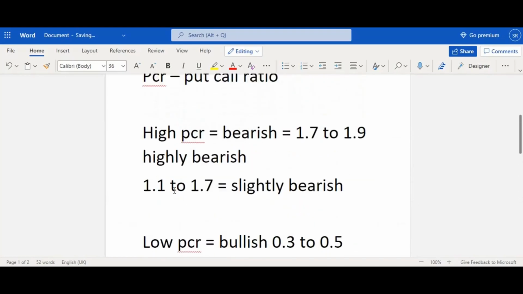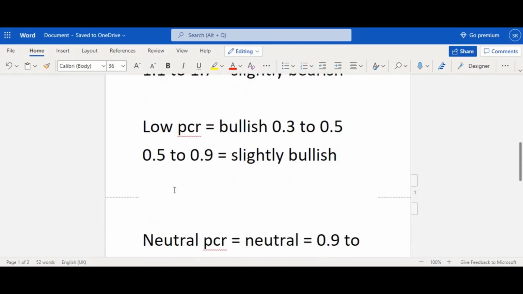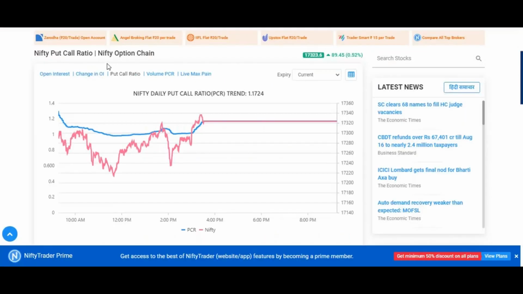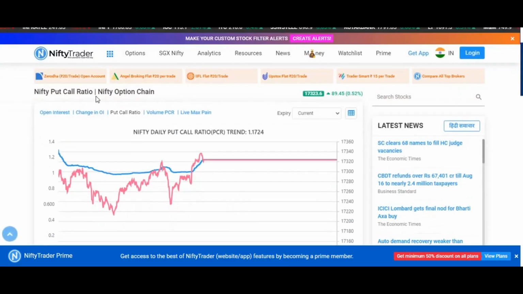So let's check the value of PCR now. How do you check the value of PCR? For that, you just have to search on Google for Nifty put call ratio, and then choose any particular link that opens up. I use Nifty Trader because this website is pretty accurate.